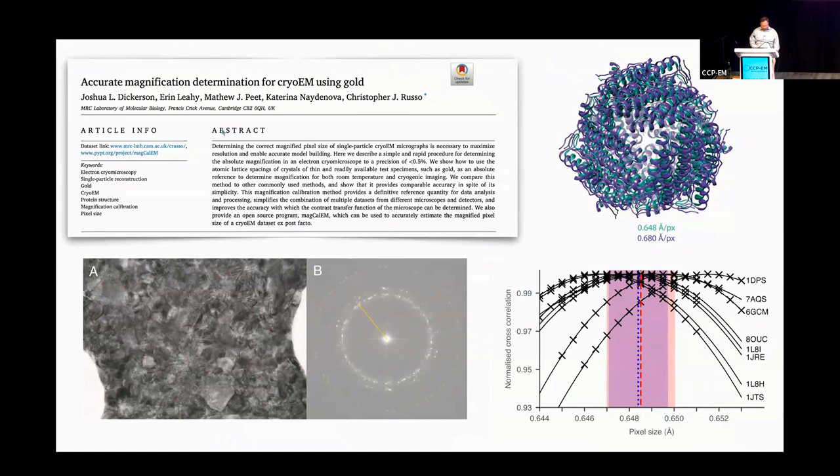And so Josh Dickerson, following on from work from Aaron Leahy, who was in my group formerly and now is in the Netherlands, who started this project, set up to try and do this using just the gold lattice that's in a lot of the grids that we have. In fact, you can use any lattice you want. Gold is convenient because we use it in a lot of the grids we have, and you can actually get very accurate magnification calibration using this lattice as a reference standard.